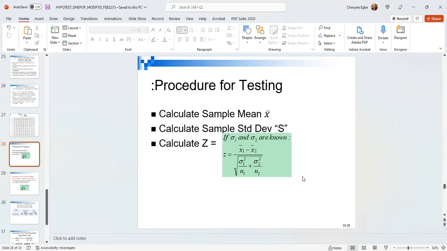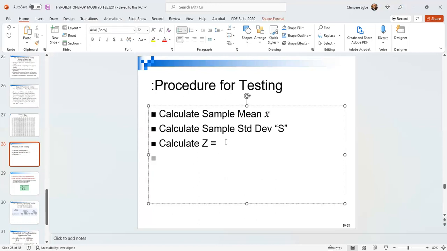Now, of course, the next thing will be to compare Z, the calculated Z, to Z star, the critical Z. And you all know the procedure.